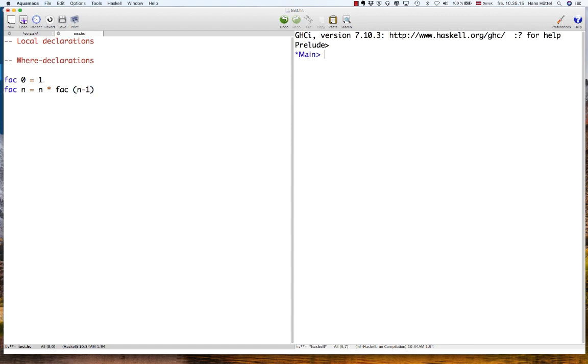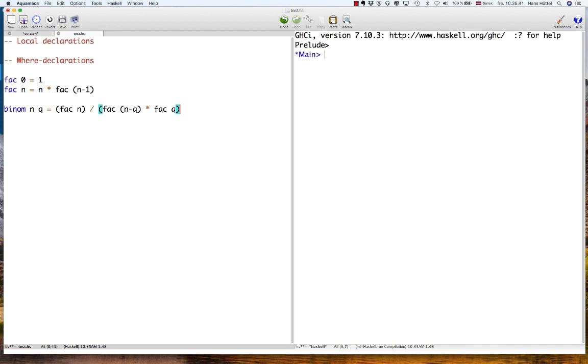And then I suppose I wanted to use the factorial function to compute binomial coefficients. So the binomial coefficient of n and q, what's that? Well, that's the factorial of n divided by the factorial of n minus q times the factorial of q. So we could write everything in that way.